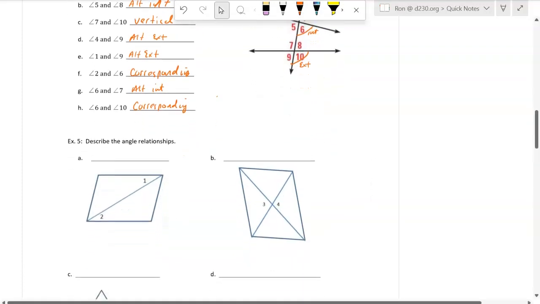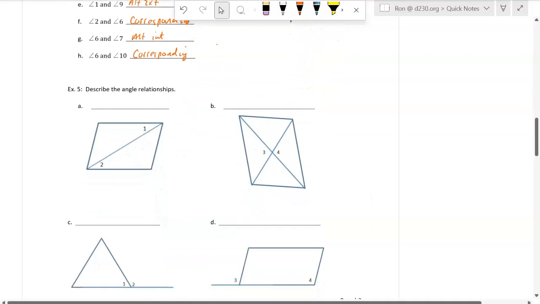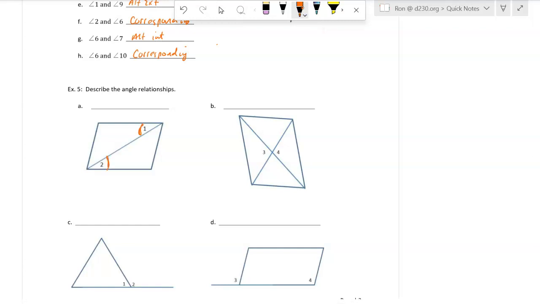All right. Now the next one. The one thing you guys have to know is if I put an arc in an angle and an arc in an angle, notice how this arc touches this line and this arc touches the same line. That means this here is your transversal.